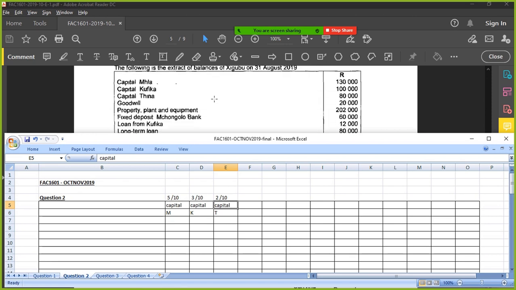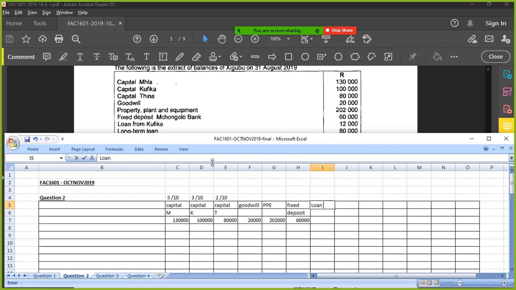Carry on. Capital: 130, 100, 80. Goodwill here is 20. Property, plant and equipment, 202. Fixed deposit, 60.